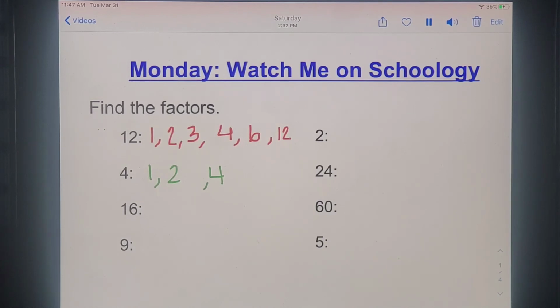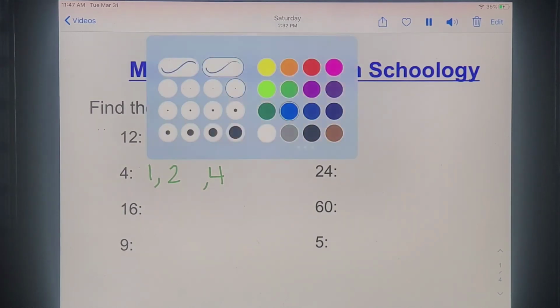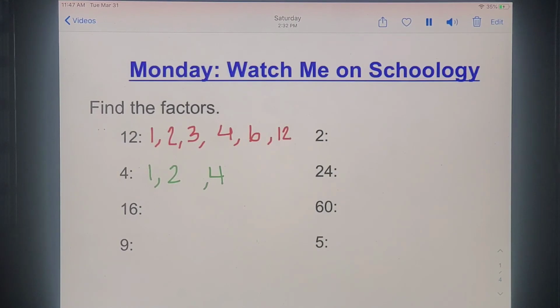Next, let's find the factors of 16. So we start with 1 and 16. Then in your calculator, you should type 16 divided by 2. If you do 16 divided by 2, that equals 8.